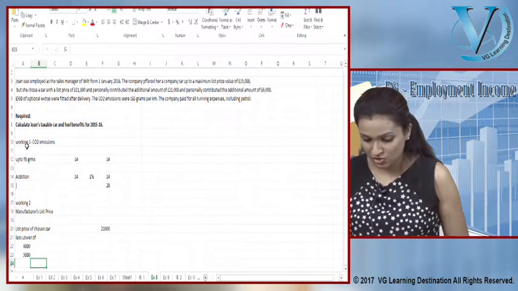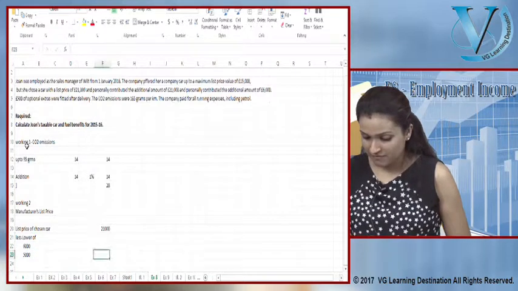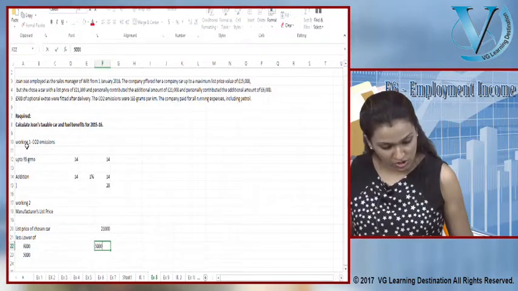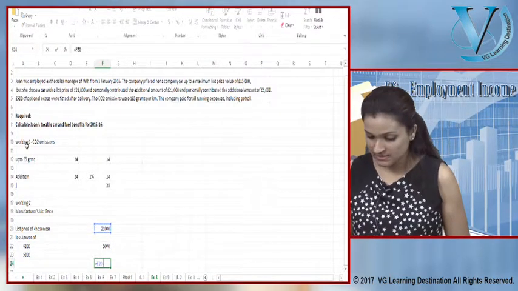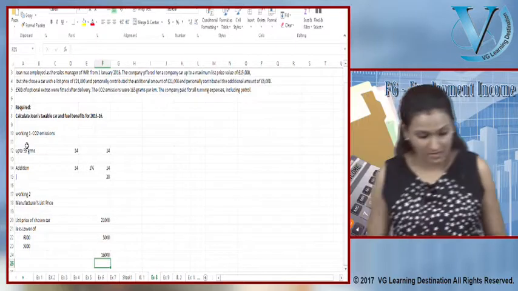So definitely it gets reduced by the lower of the two, which is £5,000. So it equals £21,000 minus £5,000, £16,000.